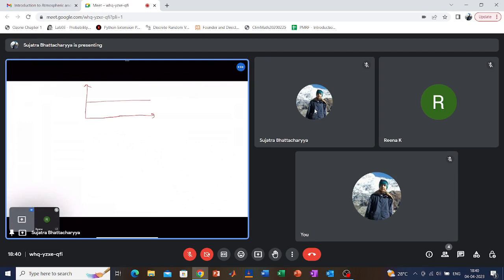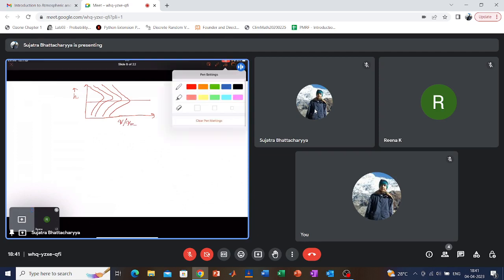So now I am drawing this. This is H. This is Q by Q_M. Now we'll change the color here. So this becomes χ equal to 0, this is χ equal to 45, this is χ equal to 60, and this is χ equal to 70.